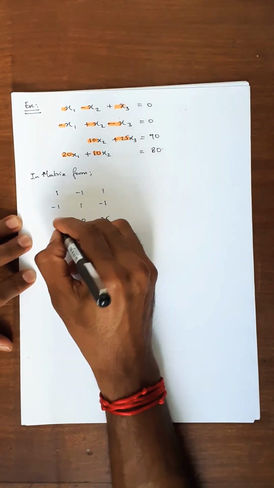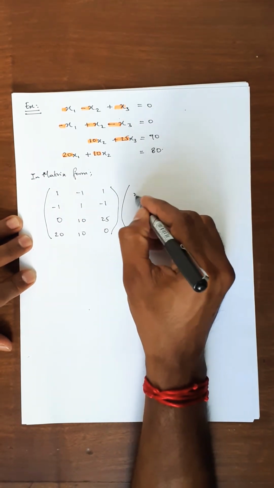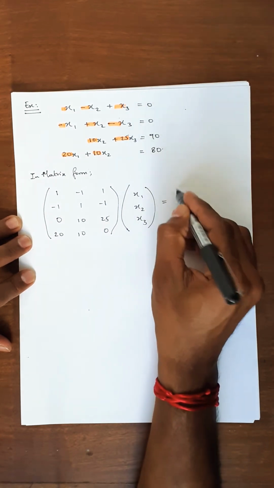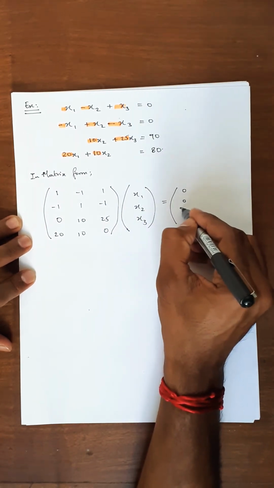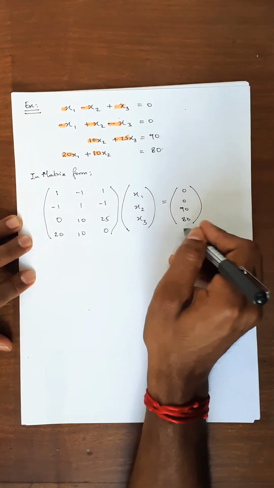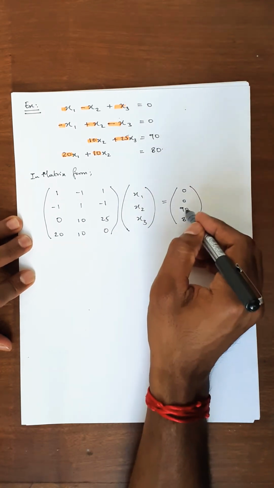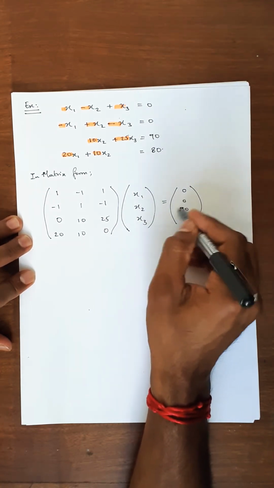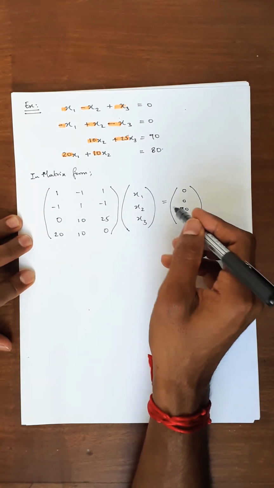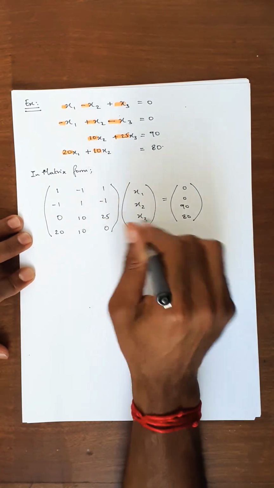So actually this is 0. And then this would be your x, your unknown, and this is your b. So clearly this system is non-homogeneous because we have got values here. This is 0, this is 0, this is fine, but this is 90 and 80. These are two values. So if at least one of them is not 0, then we can say that the system is non-homogeneous. So clearly this system here is non-homogeneous.